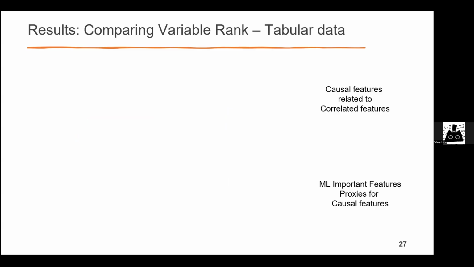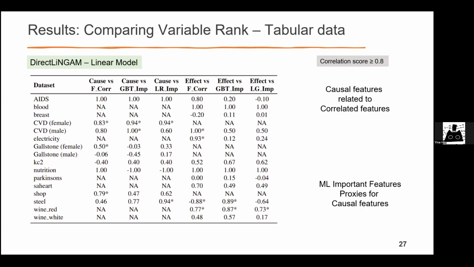Here, these two findings are what we summarized from the heart failure dataset. To validate them, we generated the same Spearman correlation table for two causal models for all 16 tabular datasets. From here, we still consider a correlation score higher than or equal to 0.8 as significant. First is the DirectLiNGAM model.